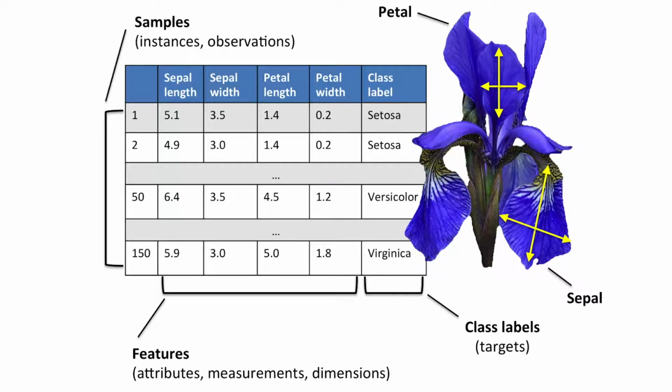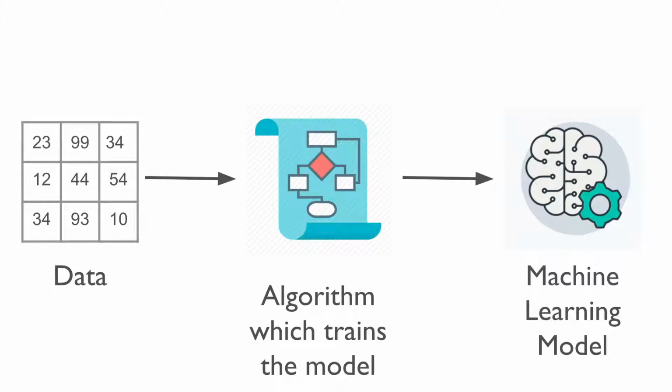Each sample is called an instance or an observation, and the features such as length and width of the sepal and petal in each sample are represented as columns. One of the columns is the label identifying the variety. Features are also called attributes, measurements, or dimensions.